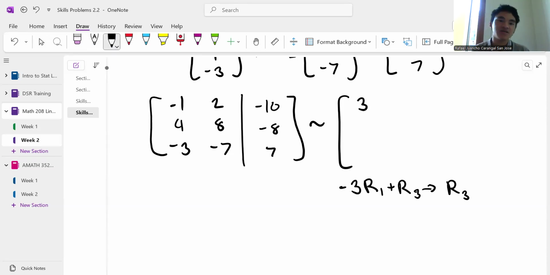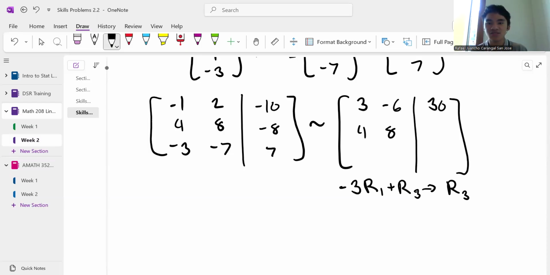So let's just go for it. -3 times -1 is 3. -3 times 2 is -6. -10 times -3 is 30. So we keep doing that. This stays the same. Okay, now we do the adding. 3 minus 3 is 0. Boom, we got that. -6 plus -7, that's -13, I believe.